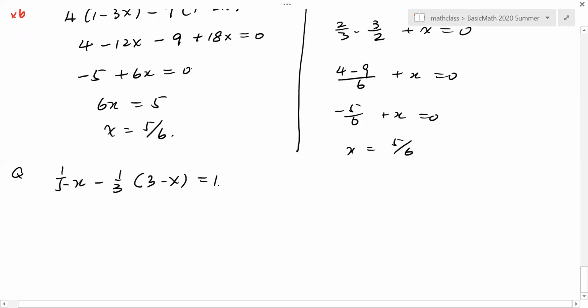Right. So you have two fractions, 1/5, 1/3. My suggestion is to find the least common multiple and multiply the equation on both sides. Every term should be multiplied by this least common multiple. Okay.